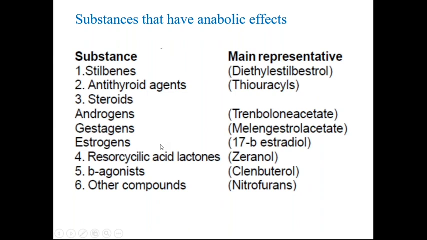So in order for the flesh to grow, for a chicken or for an animal, if an antithyroid is given, there will not be too much metabolic activity, and so the muscle will increase. So all these have different properties, and these are used.